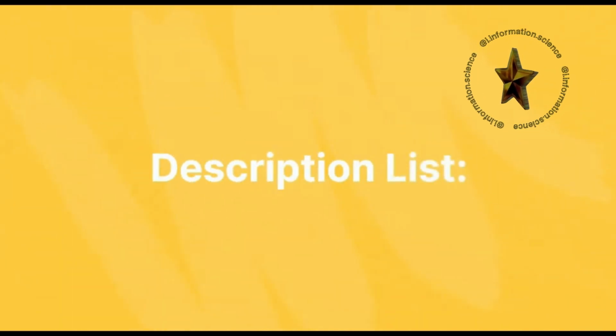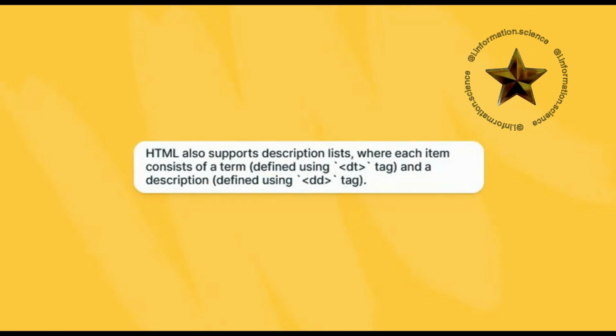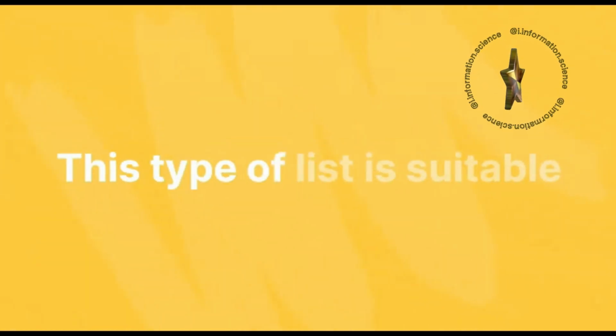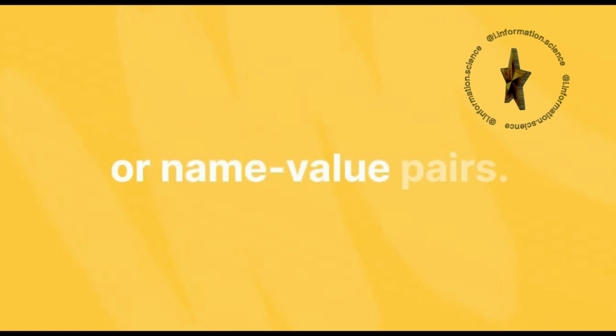Description list. HTML also supports description lists, where each item consists of a term defined using DT tag and a description defined using DD tag. This type of list is suitable for presenting glossaries, lists of terms, or name-value pairs.